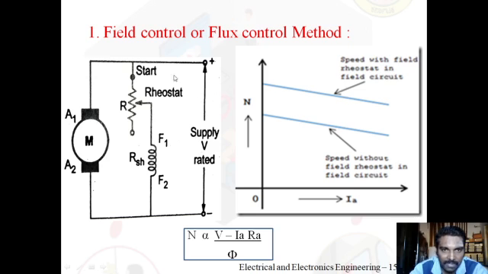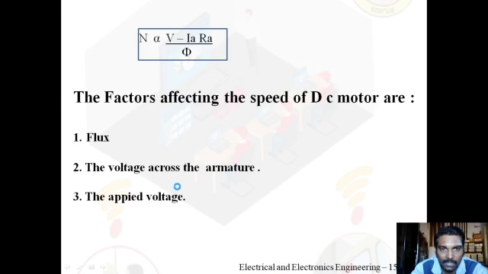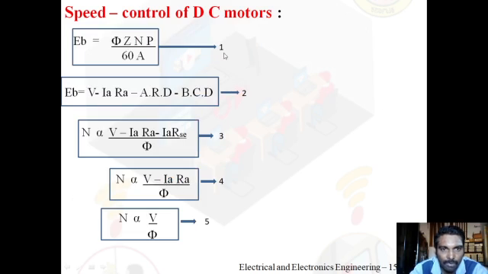If I apply KVL for this outer loop, then I will get that particular equation, equation 2, where EB, the EMF which is induced, is equal to V minus IaRa minus ARD minus BCD. Here, ARD stands for armature reaction drop, BCD stands for brush contact drop.